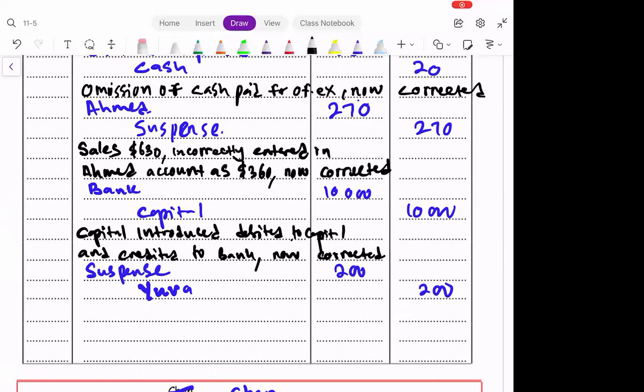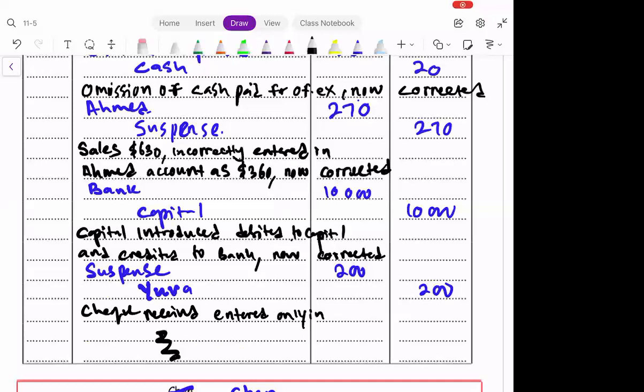And then the explanation. Cheque received entered or recorded only in bank. We have another mistake.